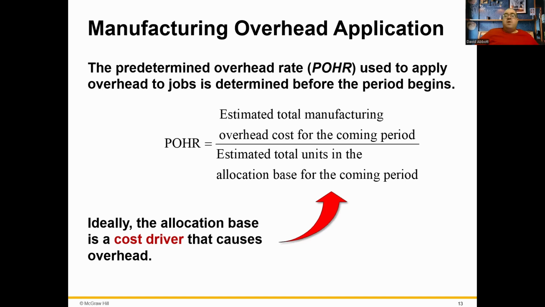So the predetermined overhead rate used to apply overhead to jobs is determined before the period begins. And this is where it gets tricky, because this is done before we've done anything. So this might be determined maybe at the beginning of the year for what we're going to do for that year. So there are a lot of things that we don't know what the costs are going to be.